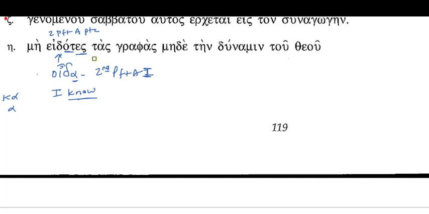And then there are times when the focus is more on the present relevance of that action and not so much its remoteness in the past. And that's what oida seems to do. It seems to focus on the present effects of having come to know something, which means that you know it now, right? And that's why it's almost always translated as I know, you know, do you not know, and so forth.